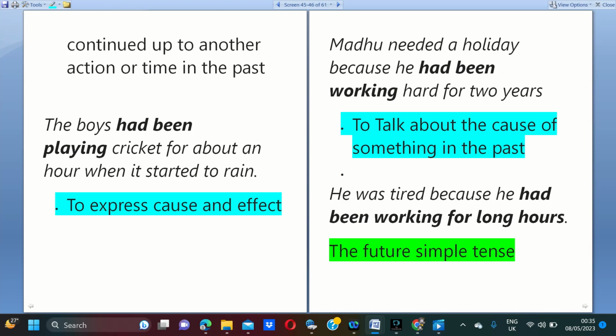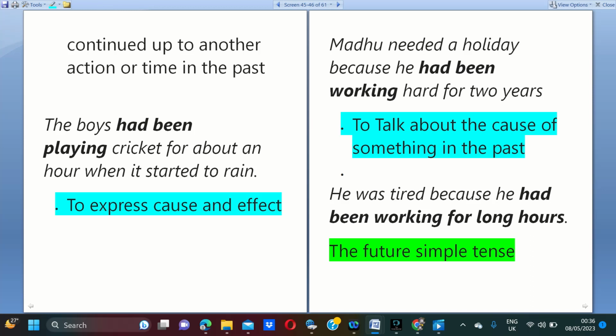See, the boys had been playing cricket for about half an hour when it started to rain. When it started to rain is the other action. The boys had been playing cricket for about an hour, and about an hour is the period of time.